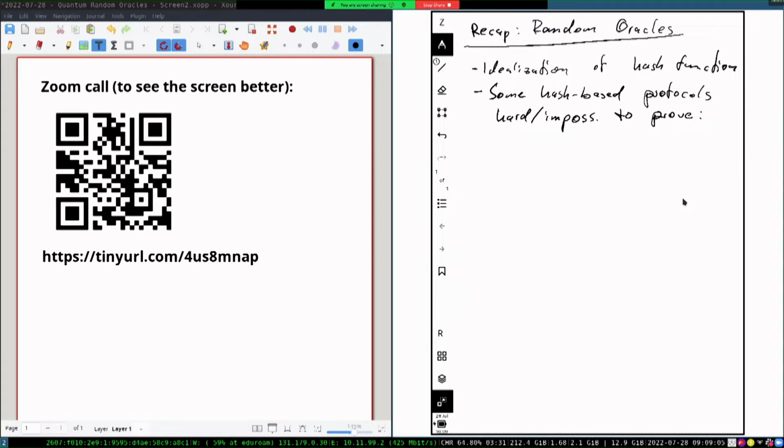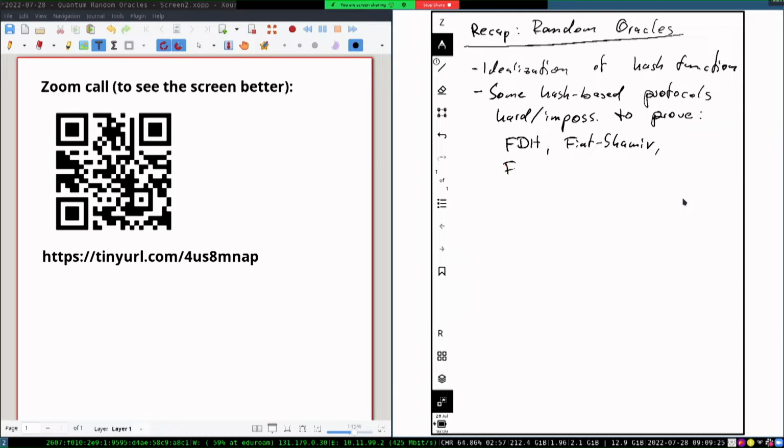Some examples of this include full domain hash that John already told you about. Another very important protocol is the Fiat-Shamir transform. You can use this to make signatures and non-interactive zero-knowledge proofs.